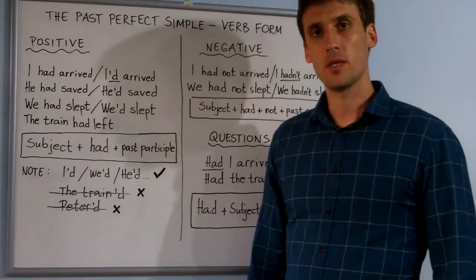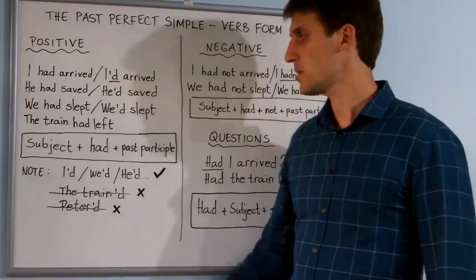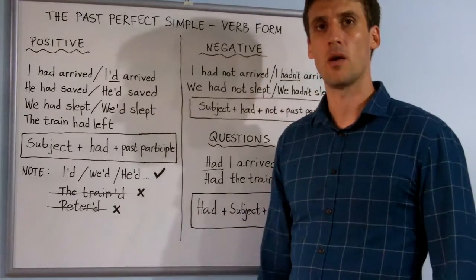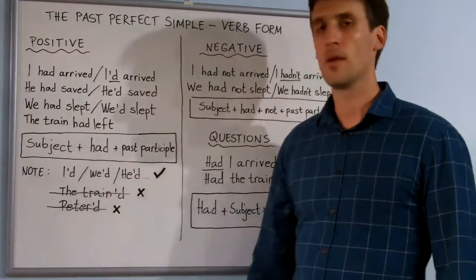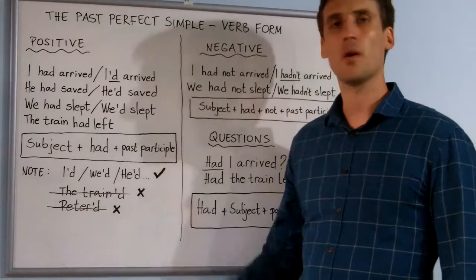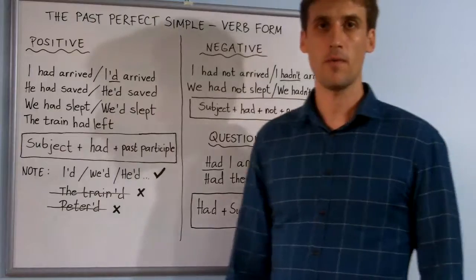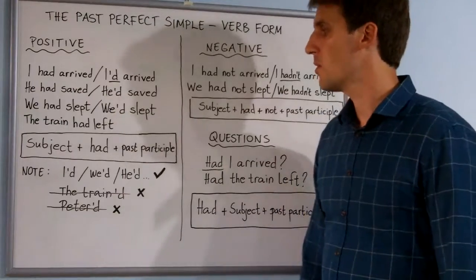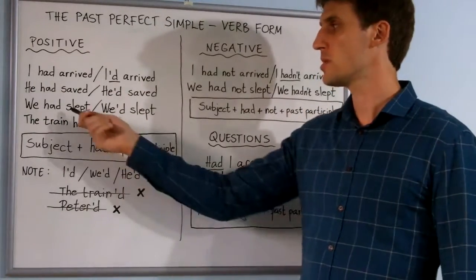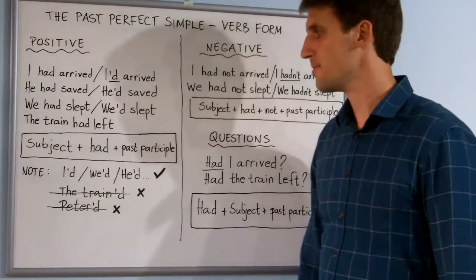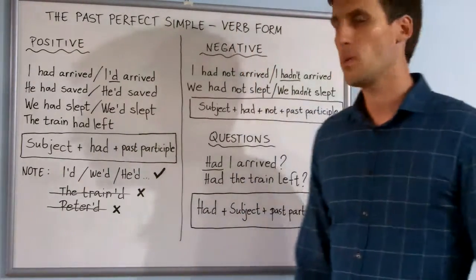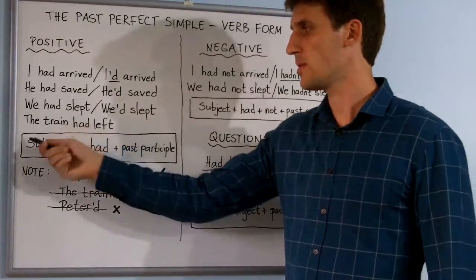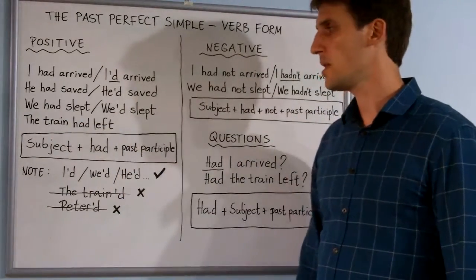We make positive sentences by beginning the sentence with a subject. We add the past tense of the verb to have, which is had, and the past participle of a verb, which can be a regular verb, such as arrived or saved, or an irregular verb, such as slept or left. We always use this form, had, no matter what kind of a subject stands here at the beginning.